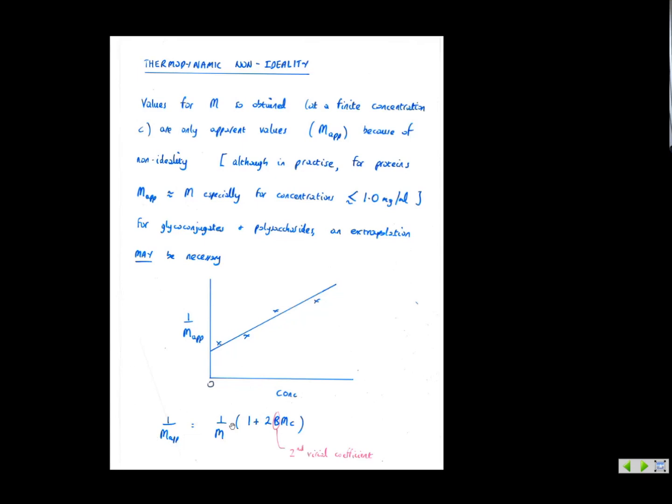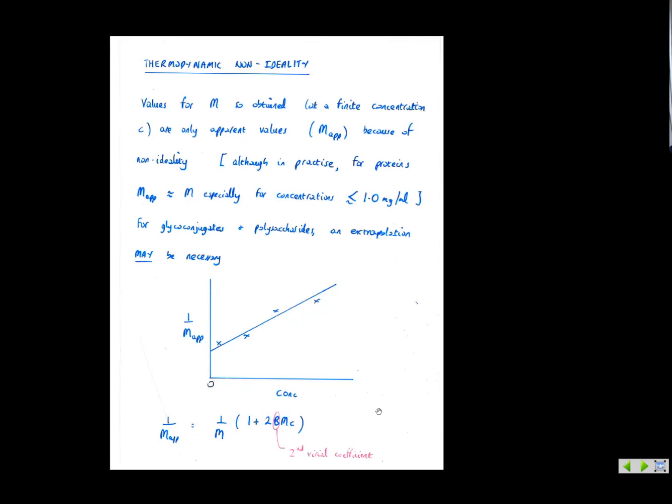At this time, unlike with osmotic pressure, where you had 1 plus B times the concentration, this time it's 2B. Same osmotic pressure, thermodynamic second virial coefficient, which we met in the other module.